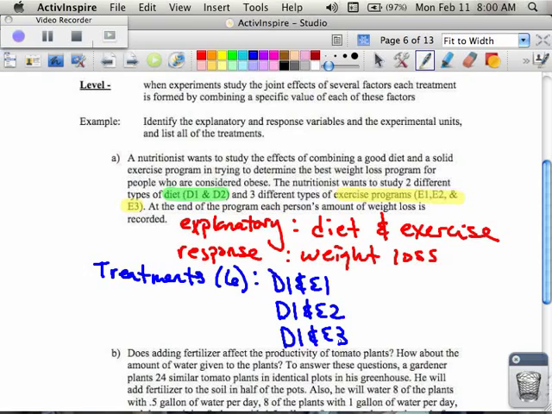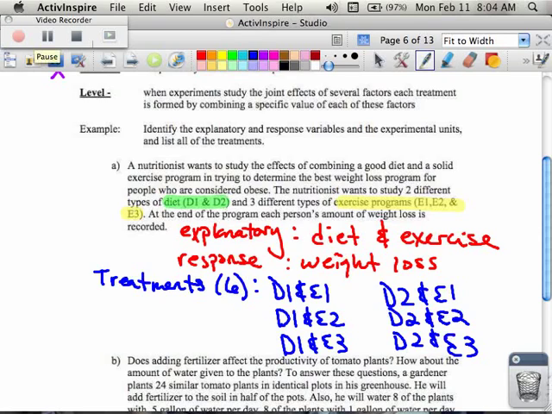You could have D2 and E1, D2 and E2, and you could have D2 and E3. And these different possibilities are where you'd select the treatments from to see what's happening with each of those separate subgroups.